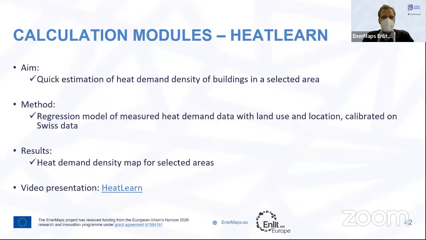One of them, the heat learn module, is to have the option to get a quick estimation of the heat demand density of buildings in a selected area based on a regression model of measured data on heat demand in the region of Geneva in Switzerland.